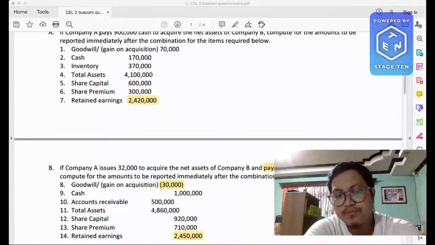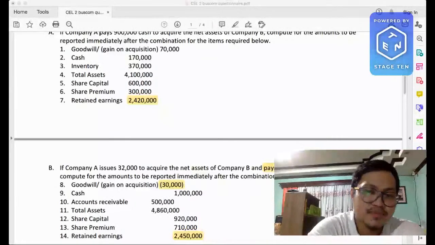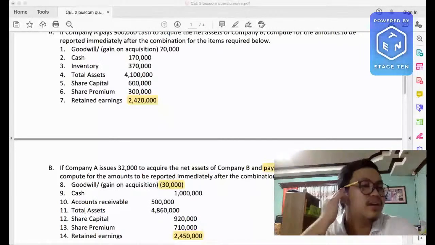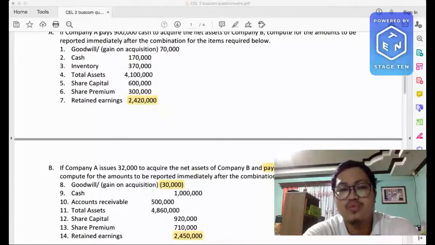Okay, so again, this is a scenario. You already know how to compute individually the combined assets. Okay, the individual assets, the combined individual assets. But why is it still possible for you to get the combined total assets wrong, class? Because even though your individual components are correct, you would get the total amount wrong because you will fail to include one asset that is not visible from the problem.